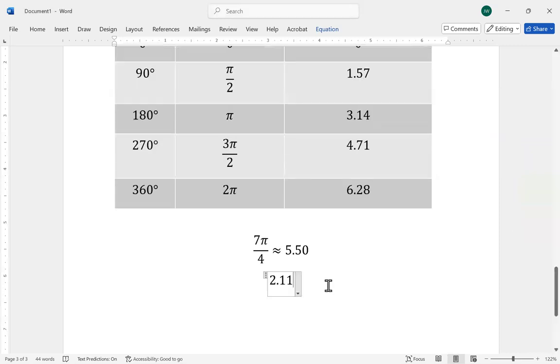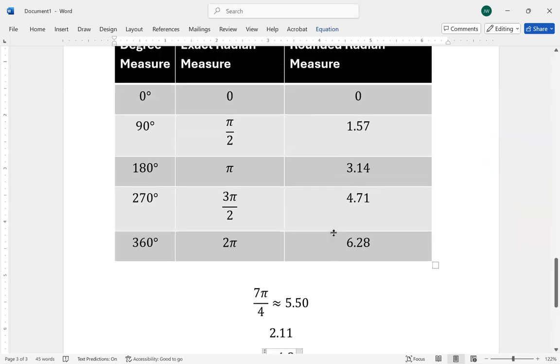Now, here's where it gets a little bit tricky, with the negative angles. Negative 1.2, notice that is not here, but what I can tell you is it's going to be between 0 and negative 90 degrees. Since 1.2 is between 0 and 1.57, negative 1.2 is going to be between 0 and negative 1.57.